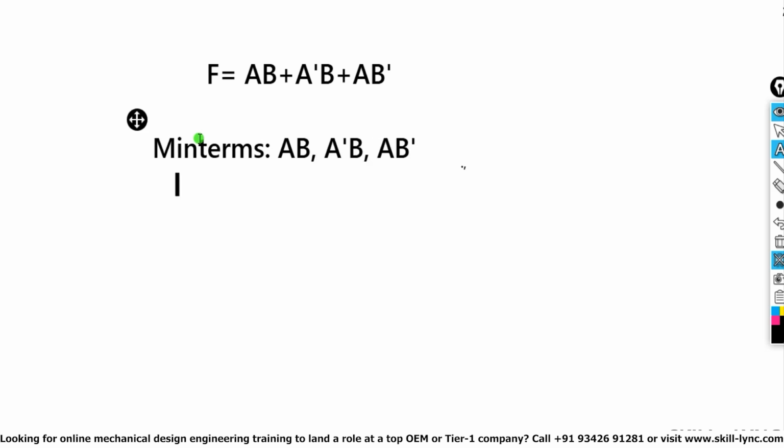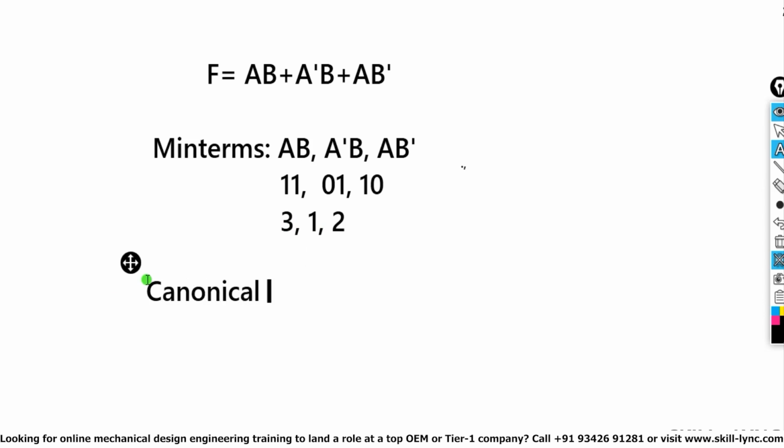Because it is SOP form, AB is 1 1, then it is 0 1 and it is 1 0. If you convert into decimal form, 1 1 is 3, 0 1 is 1 and 1 0 is 2. If I ask you to write in proper sequence, it is 1, 2 and 3. These are the minterms. Now we have to represent it in canonical form.